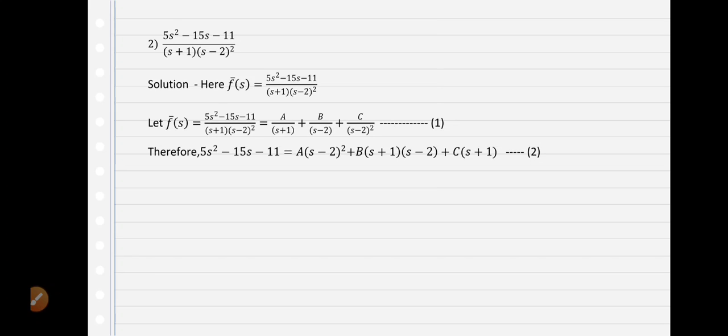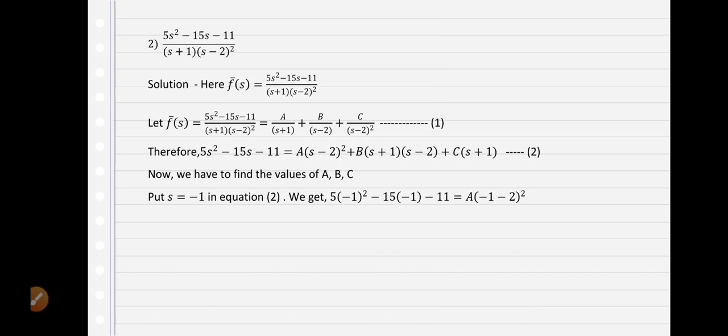So in this regard, this example is a different one. We will first put the value of s as minus 1. So put s equal to minus 1 in equation 2 on both the sides. Substituting and simplifying, we get A equal to 1. This is very similar to the value of A we have obtained in example 1.